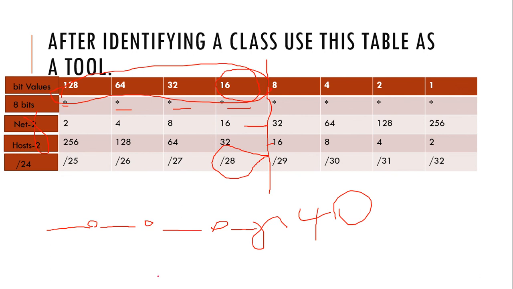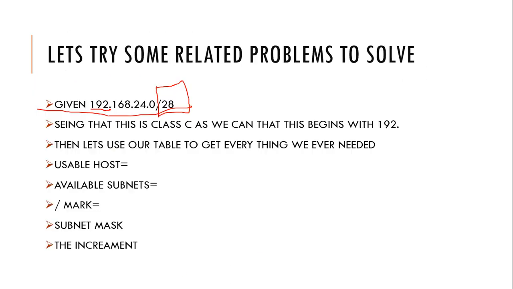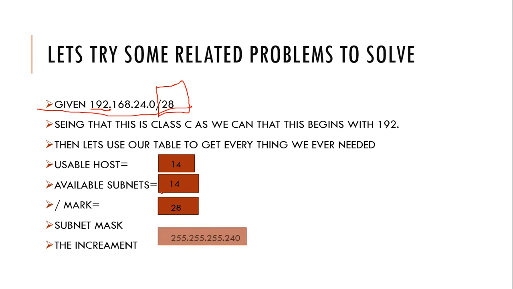Okay, let's keep on moving and see how our answers look. Here we have a 14 because we said 16 subtract 2. Also a 14 in order to get available subnets because we said 16 subtract 2. Our slash mark haven't changed in this case. Our subnet mask, here is our initial one, then here is our 240 we got from adding all the values of the bits borrowed.